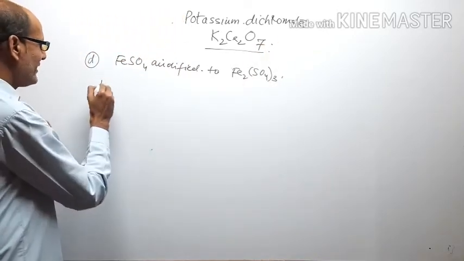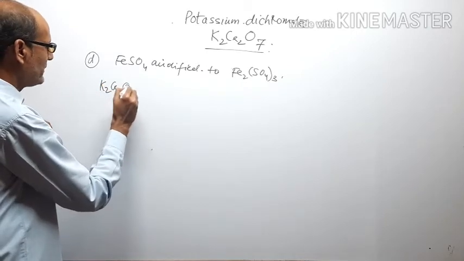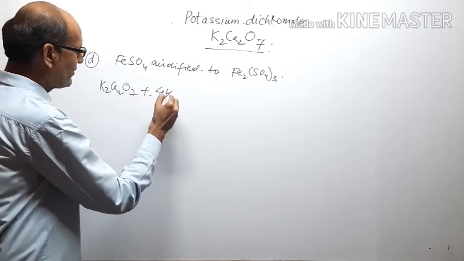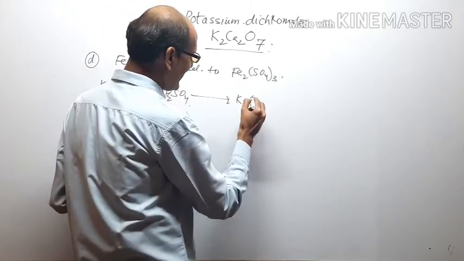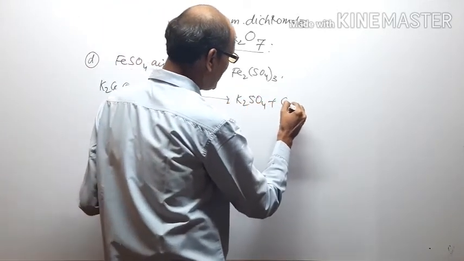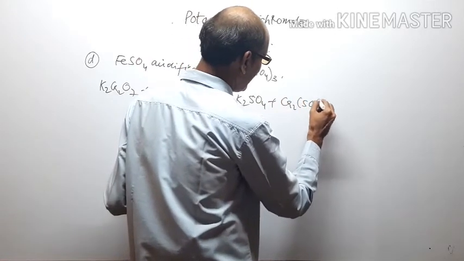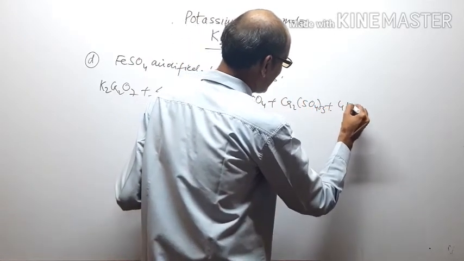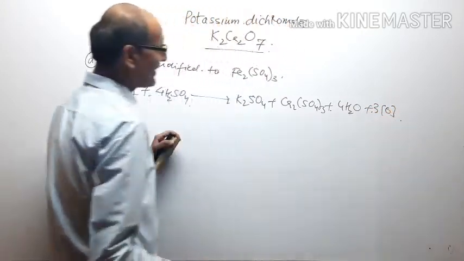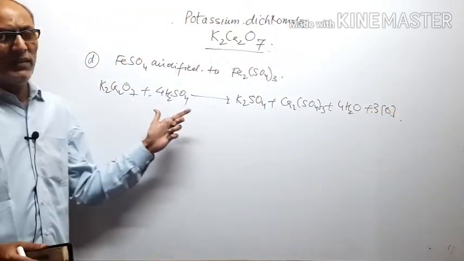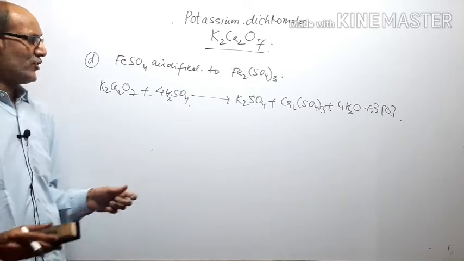So the first reaction, K2Cr2O7 plus 4H2SO4, we will get K2SO4 plus Cr2(SO4)3 plus 4H2O plus 3O. This is the common reaction. Now I think you have already learned this equation.